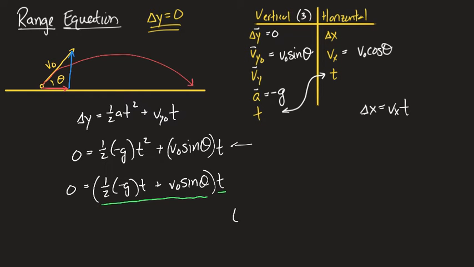The first one is obvious, t equals 0. We knew that that's a possible answer. We asked math to tell us when the object was on the ground, and it was on the ground at t equals 0. But the other one, 1/2 times negative g t plus v0 sine theta equals 0. That's also another expression for t.